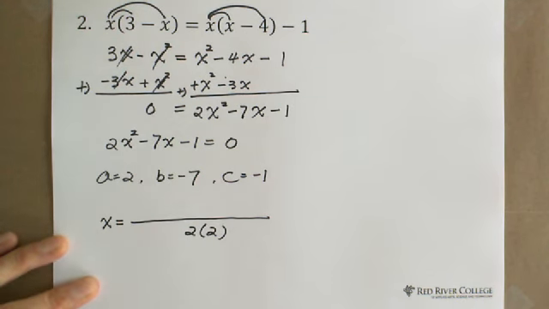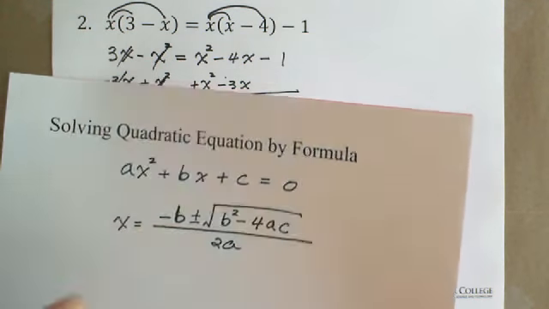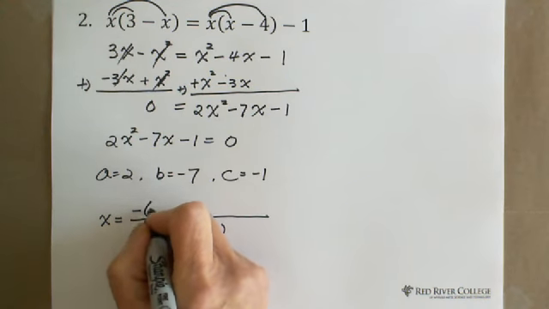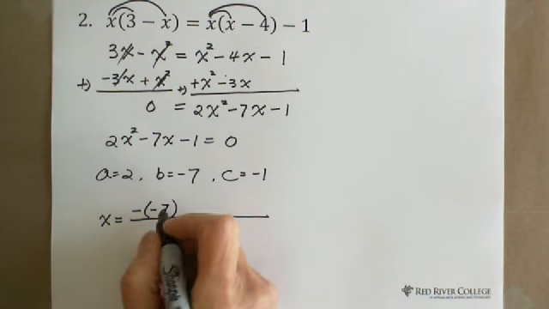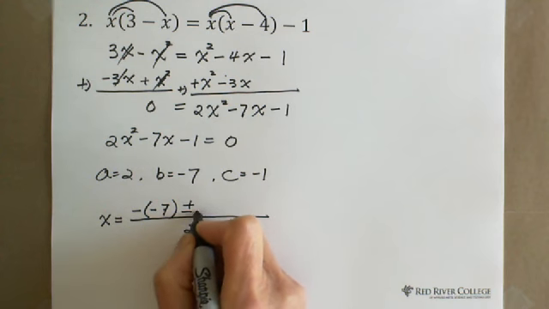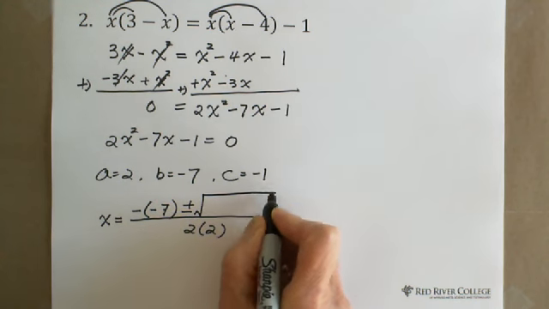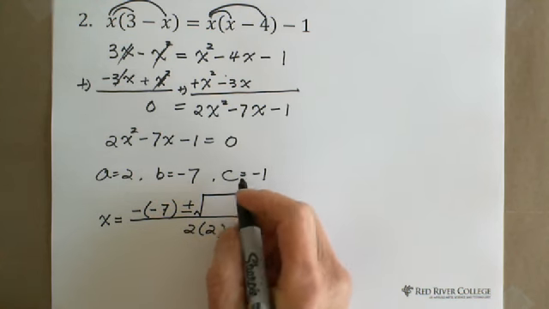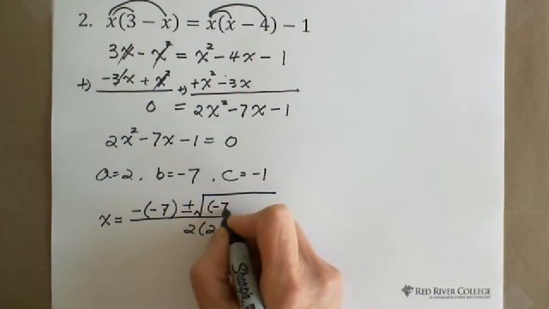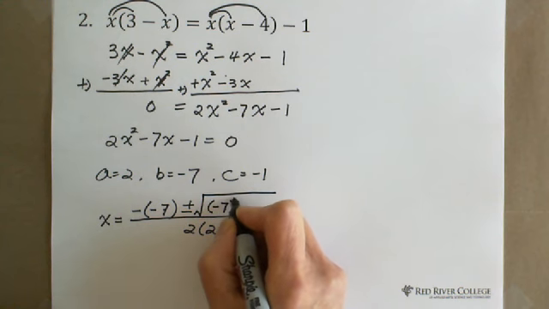Minus b itself, where b is negative 7. That's why you need to be careful, okay? Plus minus, inside the square root is b squared, where b is negative 7. You need to put the negative 7 inside the bracket, then square.